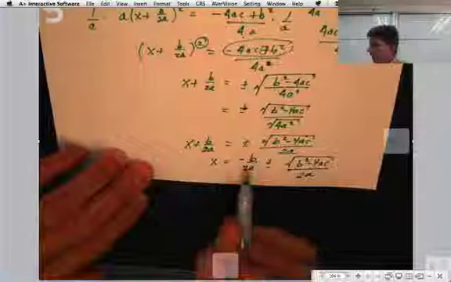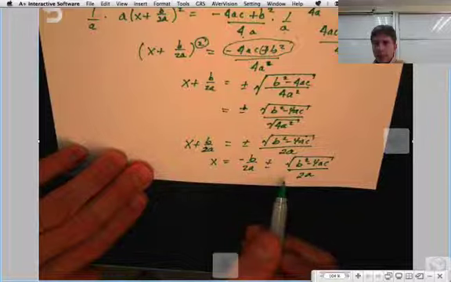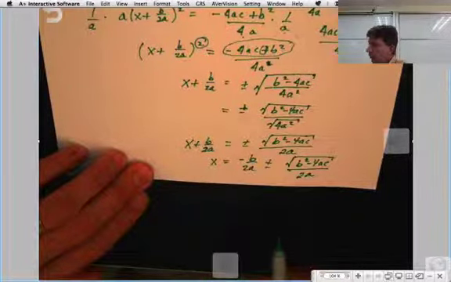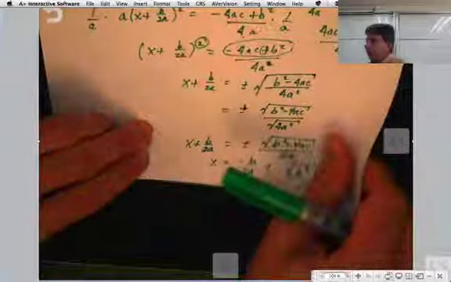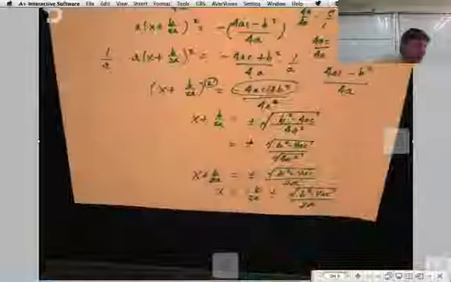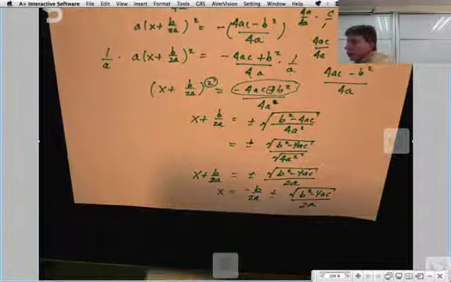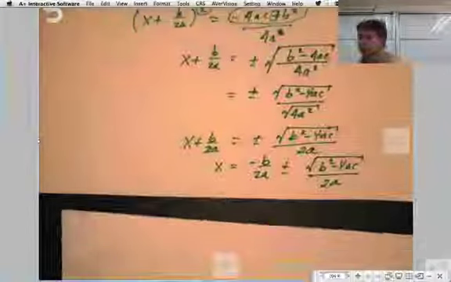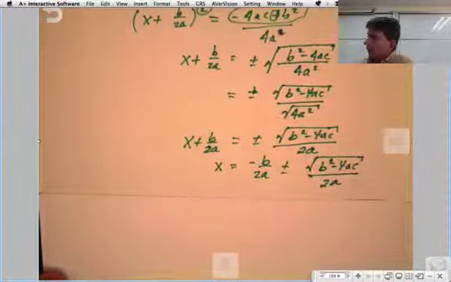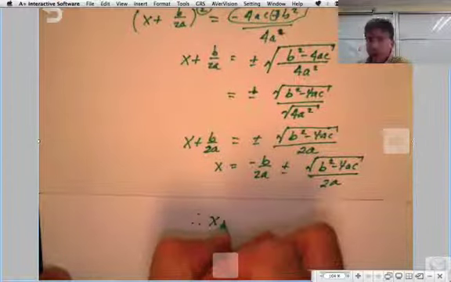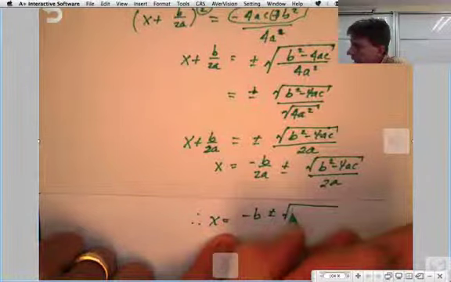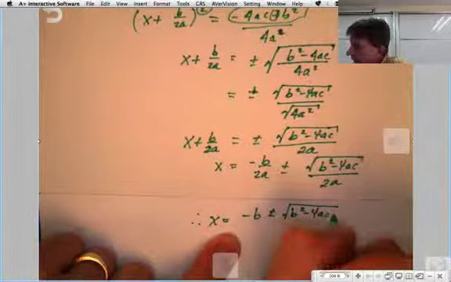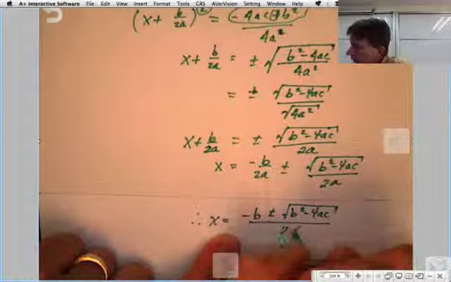And then I have two fractions here with the same denominator, so I could combine those two, and that would give me a single fraction whose denominator is 2a. So my final formula here would be x is equal to negative b plus or minus the square root of b squared minus 4ac all over 2a.